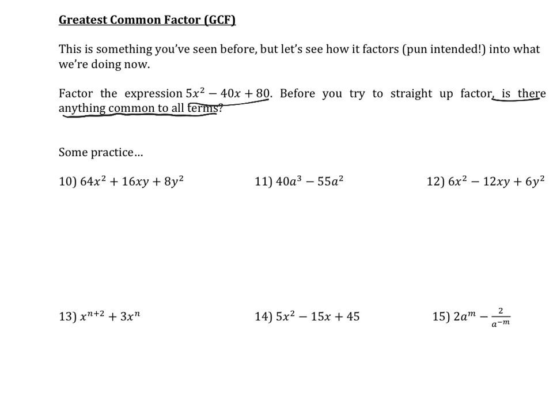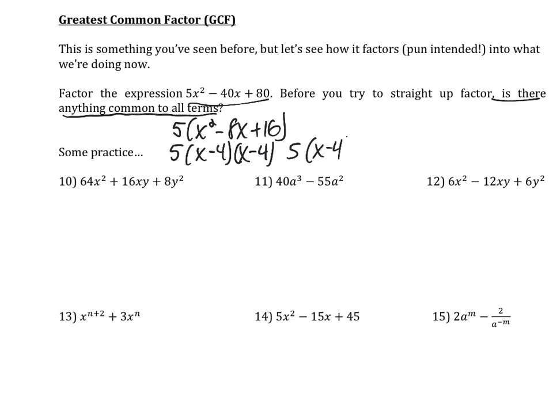Well, I can factor out a 5, and if I factor out a 5, I get 5 times (x squared minus 8x plus 16), and you have to work to recognize that is one of the perfect square trinomial patterns. That would factor to 5 times (x minus 4)(x minus 4), or really 5 times (x minus 4) squared. You could write it that way as well.